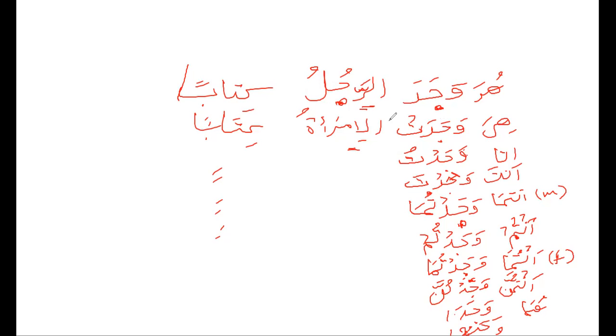However, can you also have here ana wajadtu ar-rajul? Can you have that? No, because it's talking about you. You cannot place your name over here or anything additional. So the key rule here: all apart from the first two, which are third person singular.